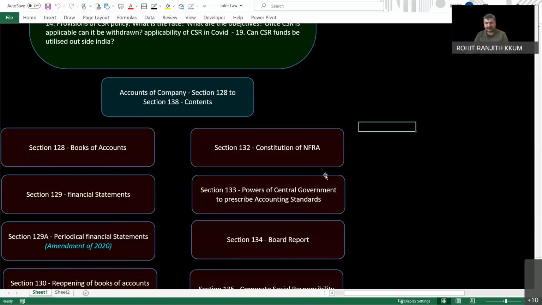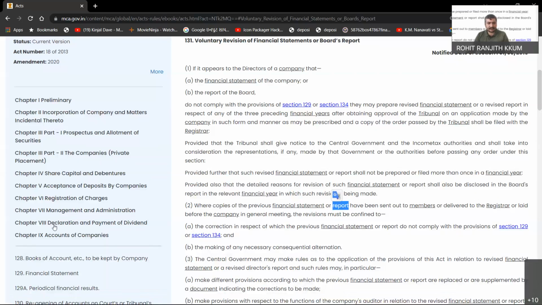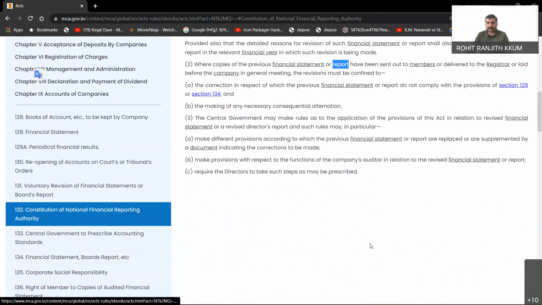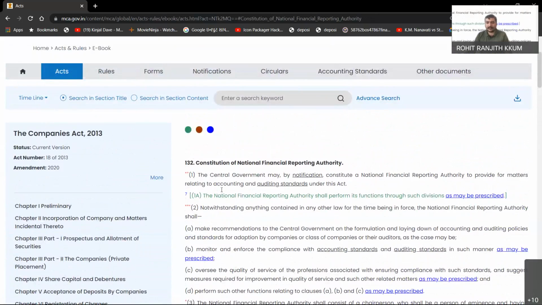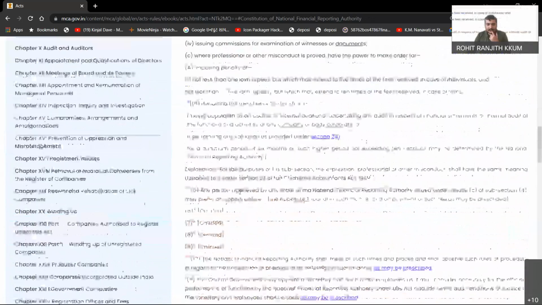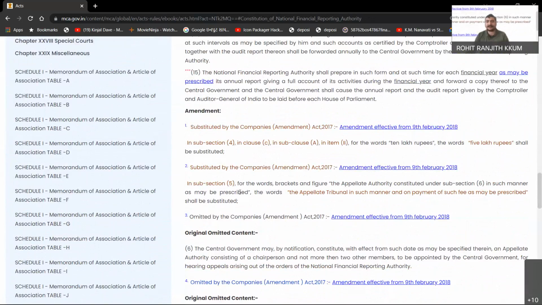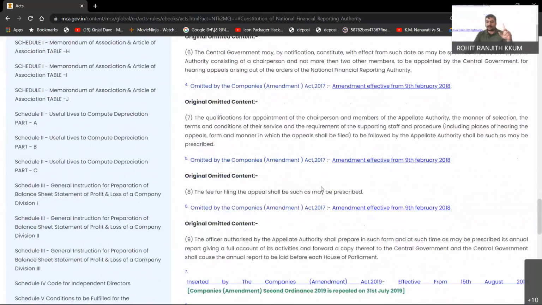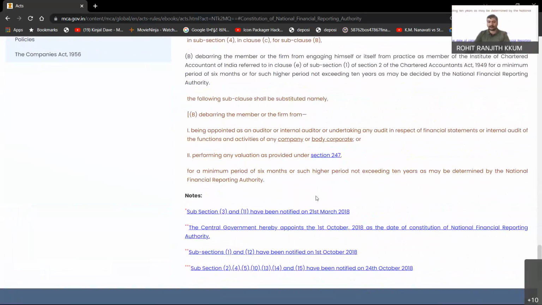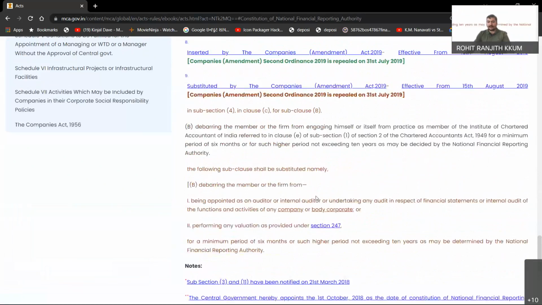I think NFRA came into effect somewhere... okay, let me show you that. If you look, the first time NFRA came into effect was in 2018, on the 9th of February 2018.